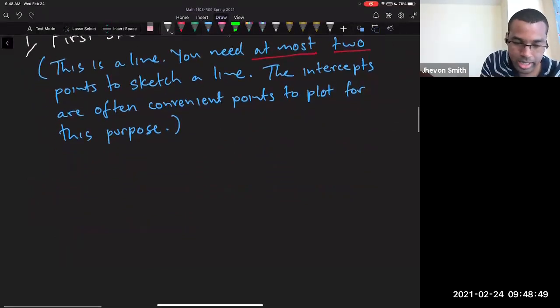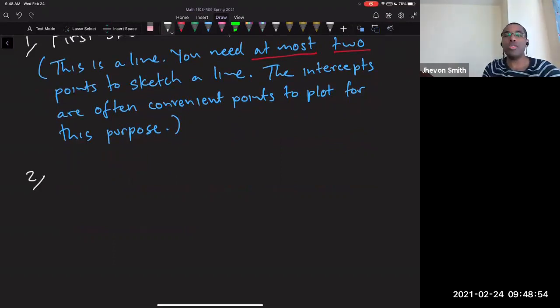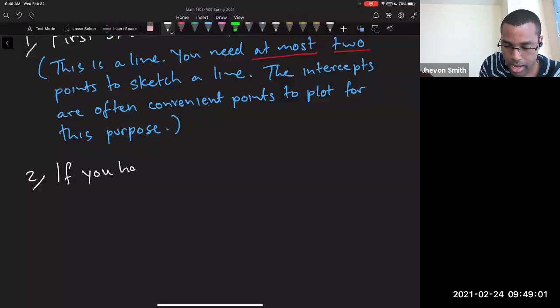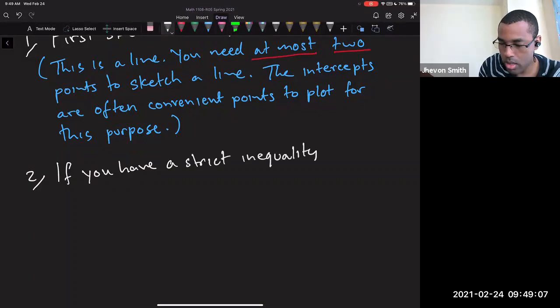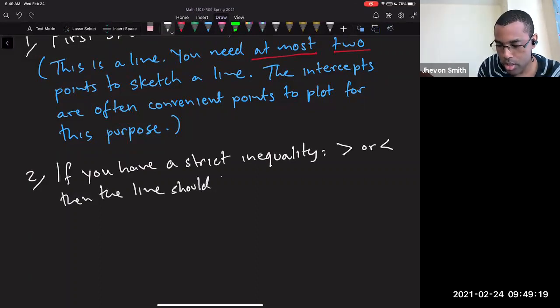However, this has some rules. In 2D, how you sketch the line actually matters. If you have a strict inequality, so this means you have this or that, then the line should be broken.